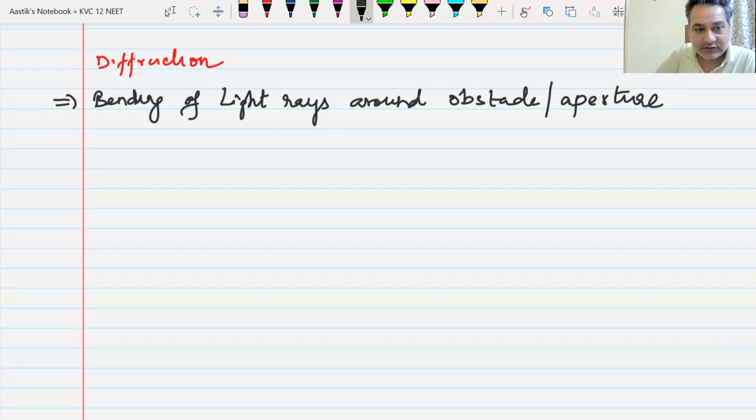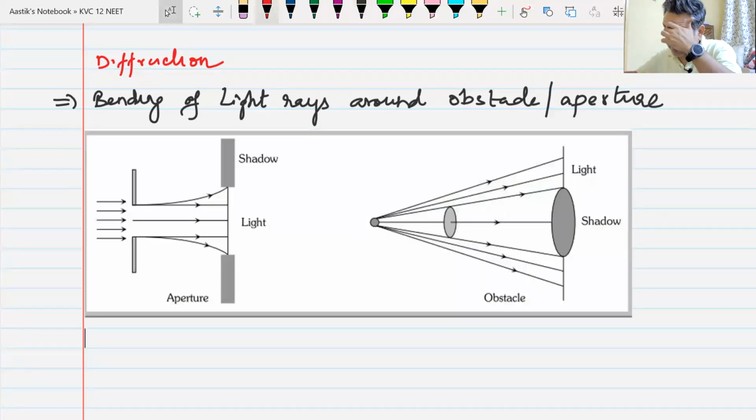To make you understand this, you can draw this if you want to. If light encounters a small obstacle in this diagram number B that you see, there is a small obstacle here.